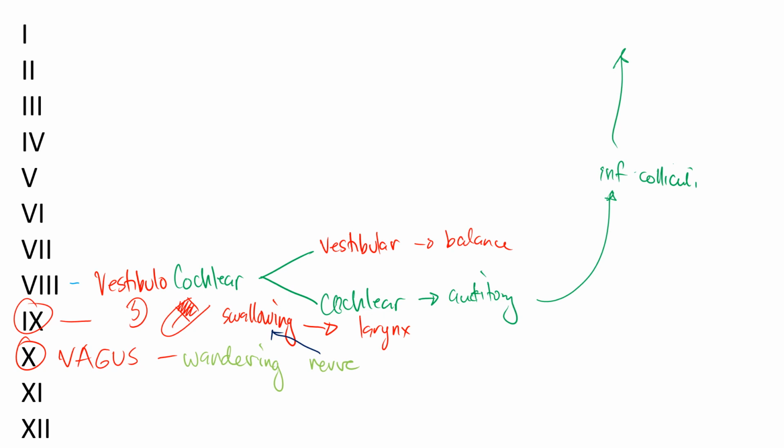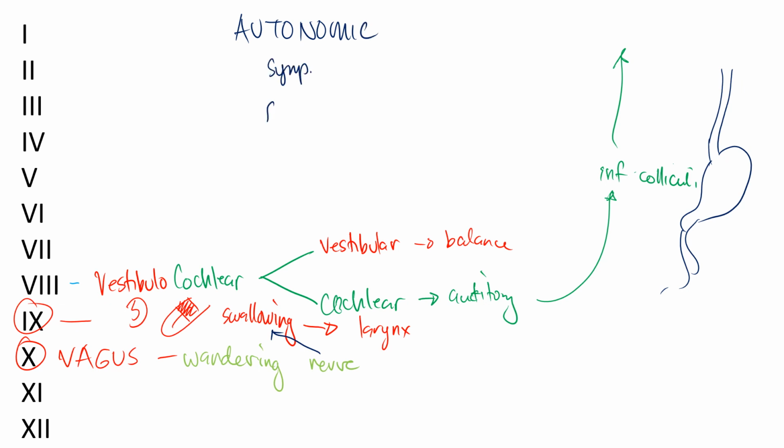It also goes as far down as your esophagus, your stomach, your intestines. So remember, we have your autonomic nervous system. You have your sympathetic and your parasympathetic. Remember that your vagus nerve is a very important parasympathetic cranial nerve.